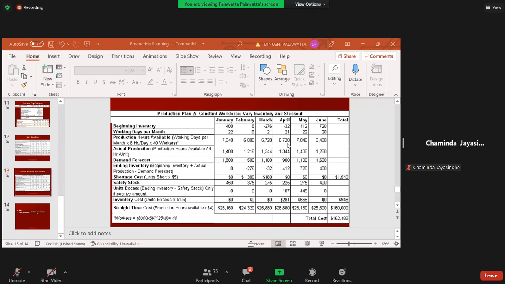Shortage cost. In this situation, the shortage cost has been given as 5.